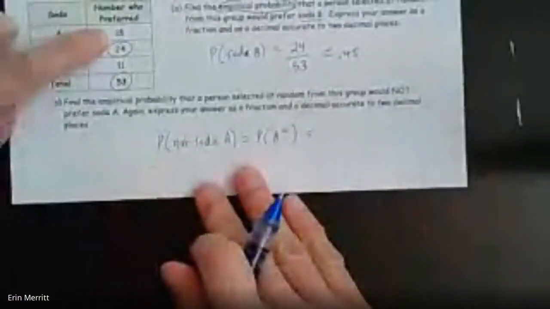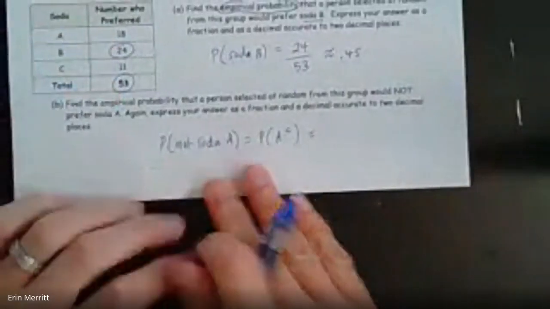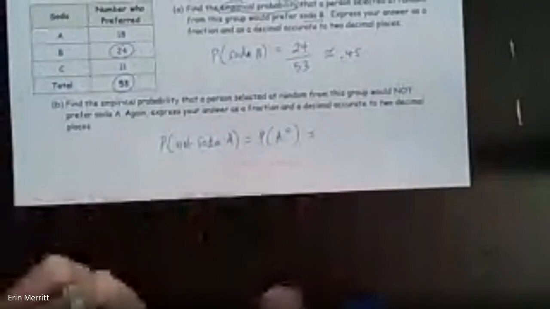All right, there's a couple ways you could do it. Since 18 like A, you could subtract 18 from the 53 and calculate it that way. Or you can work from the ground up and say, anybody that doesn't like A likes B or C. So you could add together 24 and 11, and then out of that total of 53, do it that way.